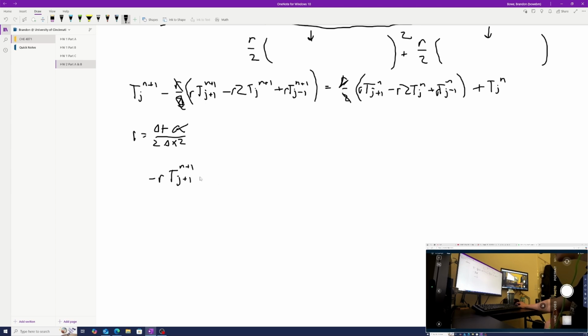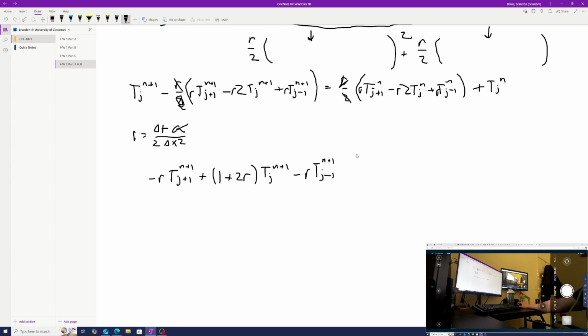Then we have plus 2r Tjn, and we also have 1 Tjn plus 1, so we have 1 plus 2r times Tjn plus 1, and then we have just our r, minus r Tj minus 1 n plus 1.